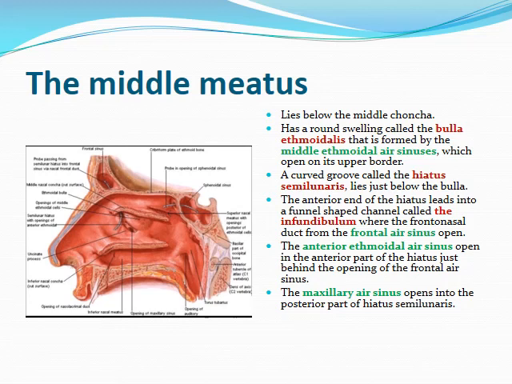So you can see how important the middle meatus is, because it has the opening of many paranasal air sinuses. It has the opening of the middle ethmoidal air sinus. It also receives the opening of the frontal air sinus, anterior ethmoidal air sinus, and the maxillary air sinus.